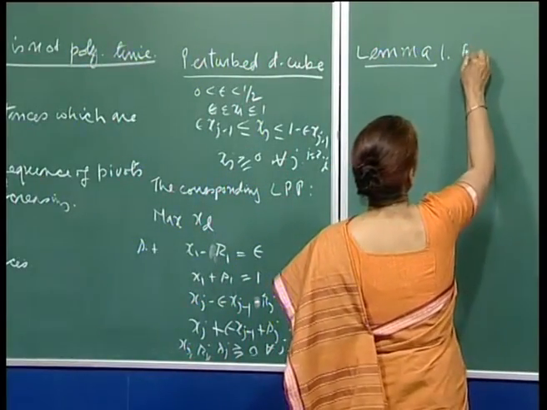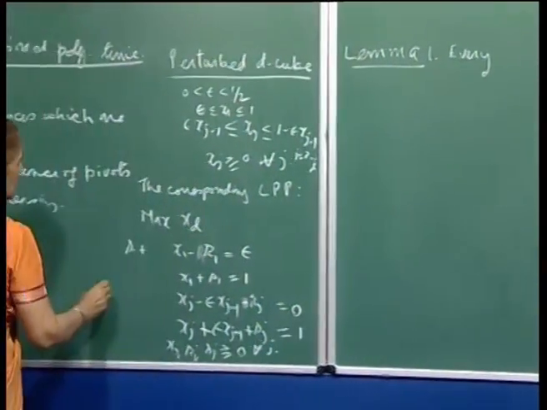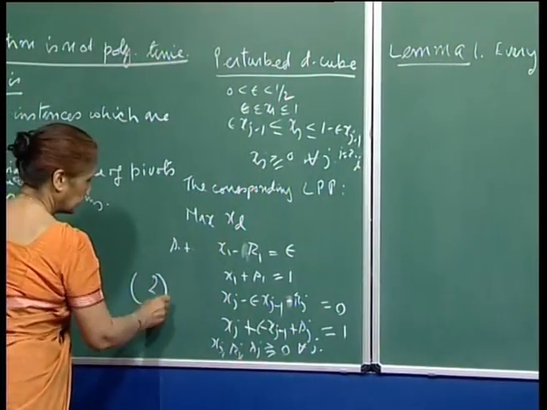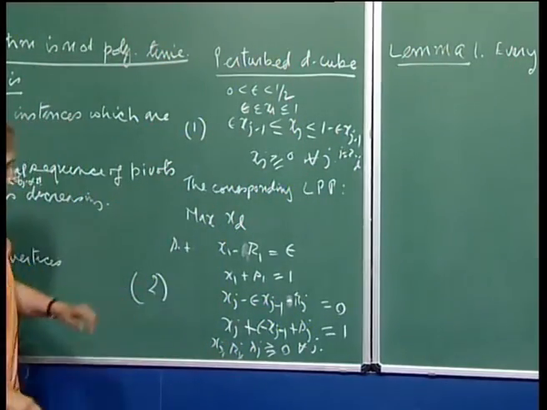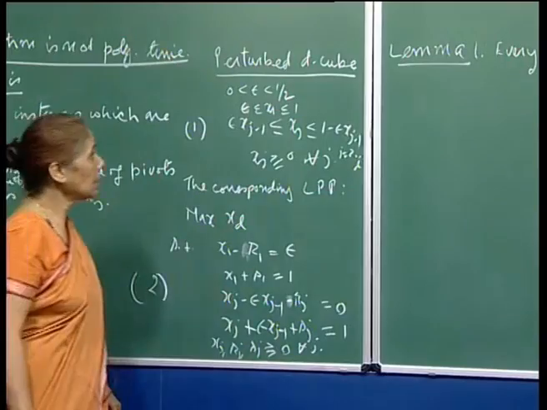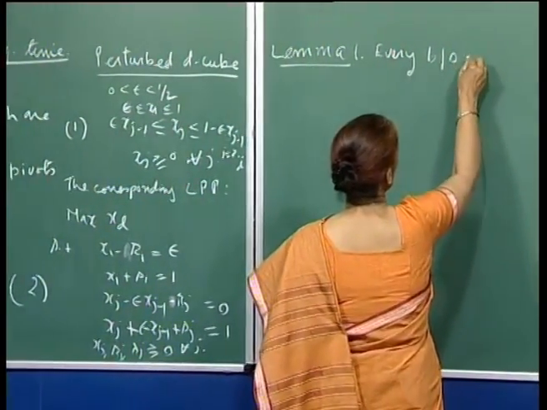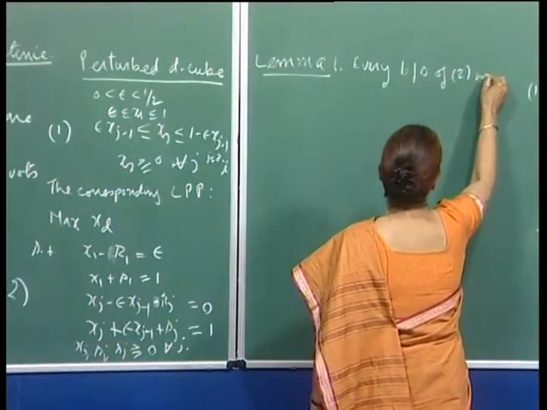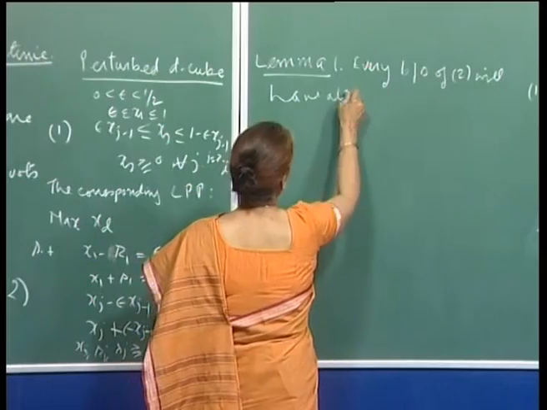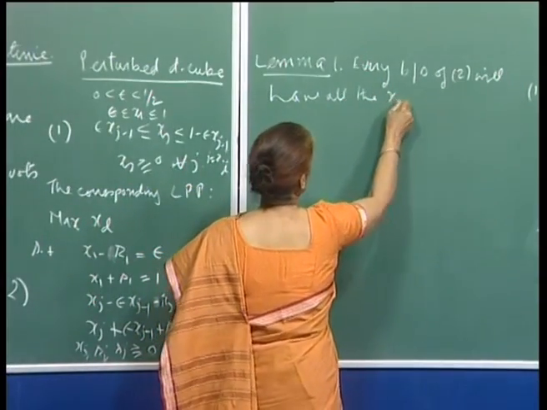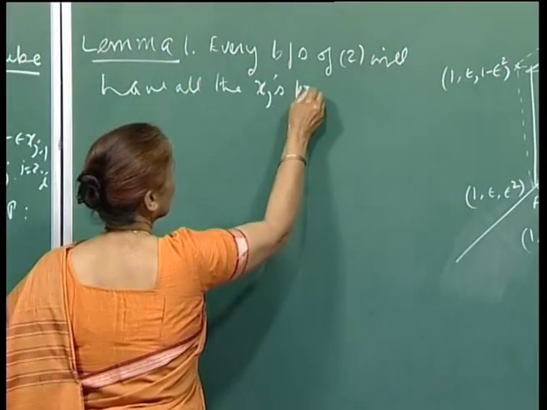Let me call this problem 2, my description of the polytope, and this is its corresponding LPP. Every basic feasible solution of problem 2 will have all the x_j's present in it.